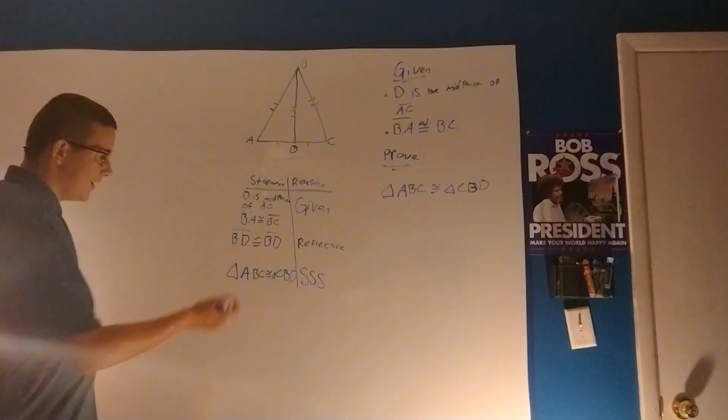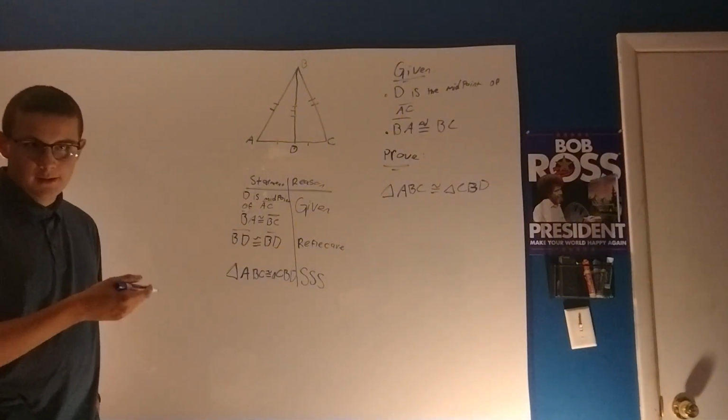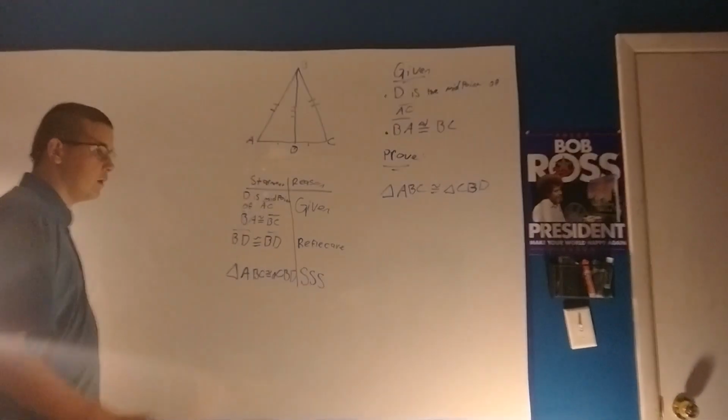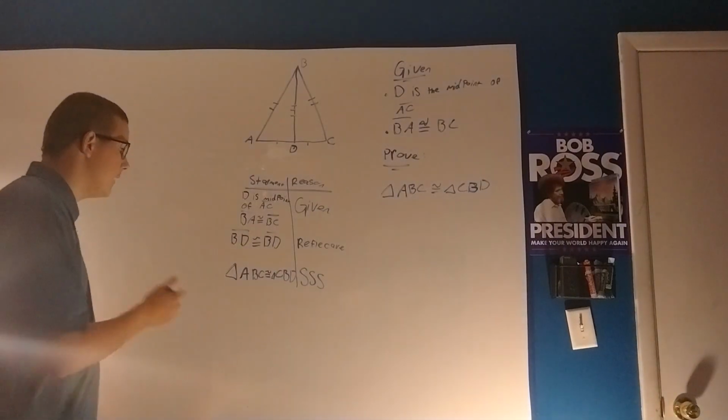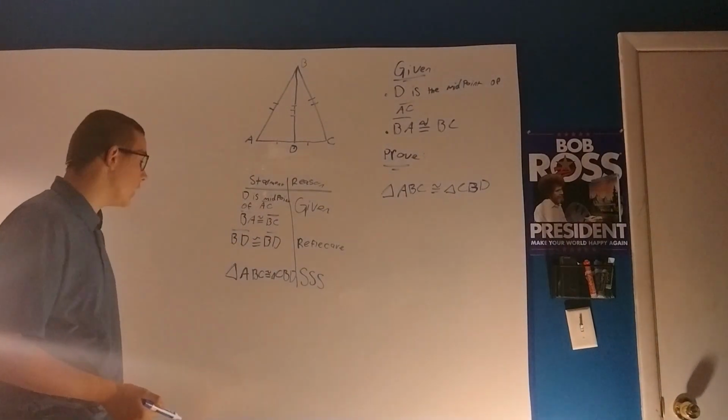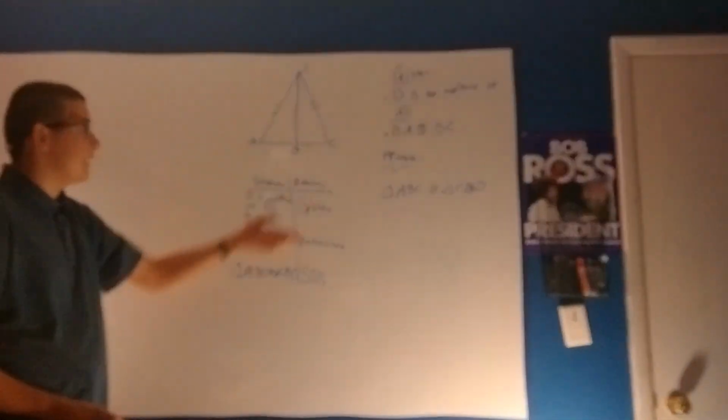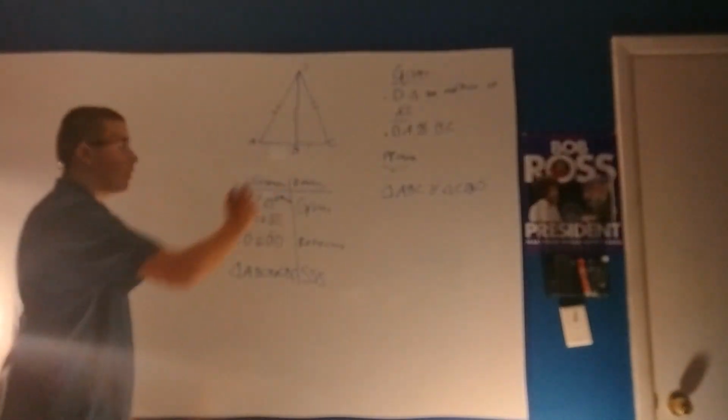And you can just write SSS, SAS, AAS, whatever, when doing these, because that's their technical term, just the three letters, or two for HL. But there you go. That's how you would prove that these two triangles are congruent.